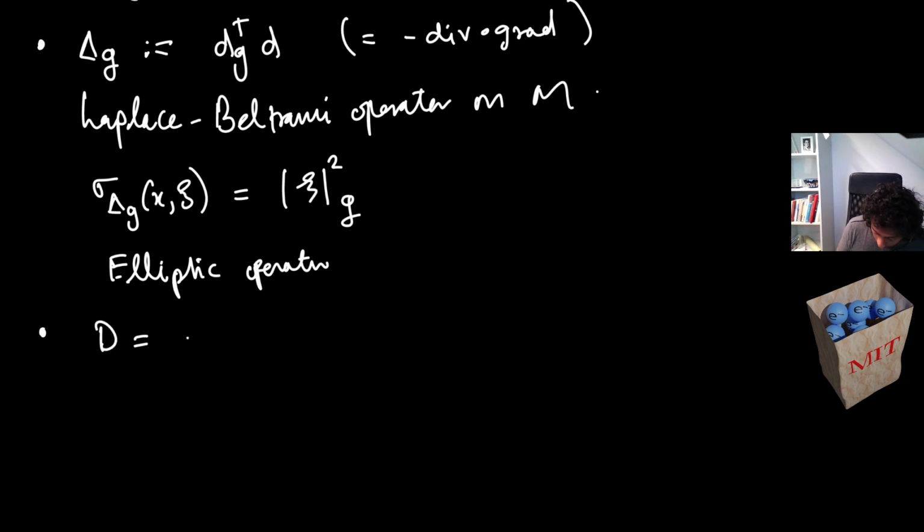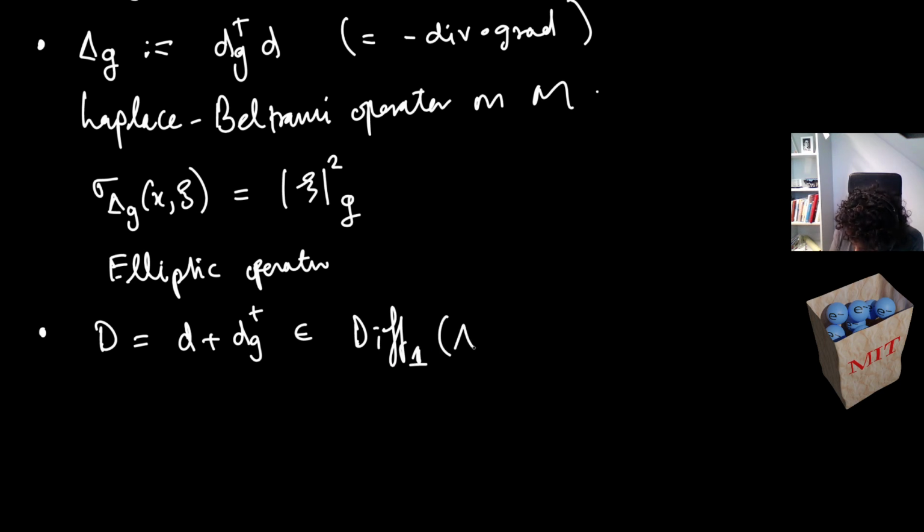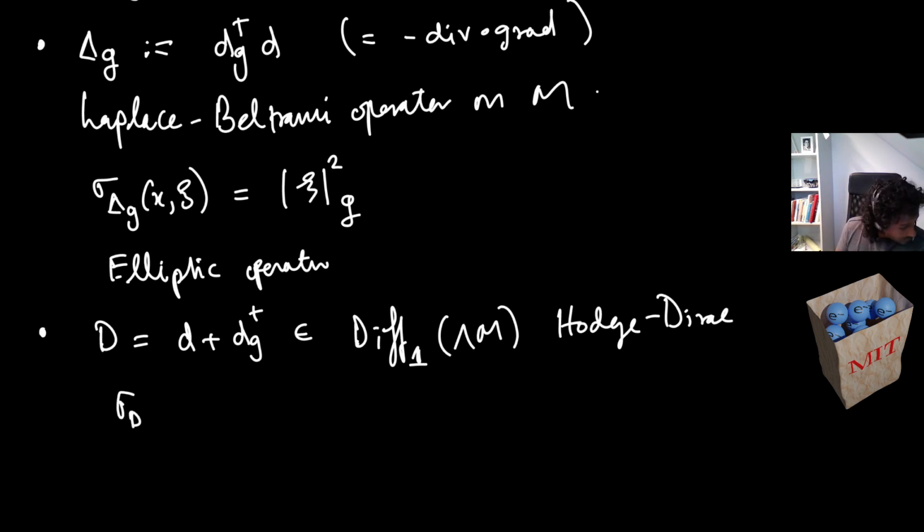The other important operator is d plus dg dagger. So this is again a diff op. This is a differential operator of order 1 on the exterior bundle. And this is the Hodge-Dirac, or at least I know it as the Hodge-Dirac. And so the principal symbol here.